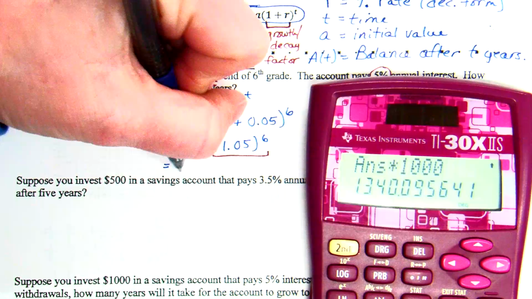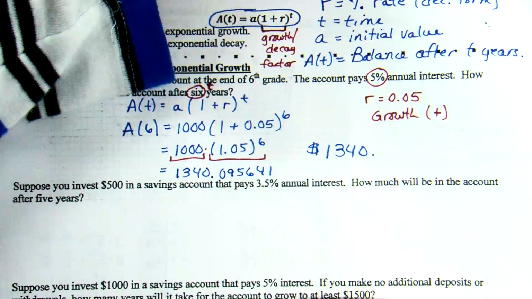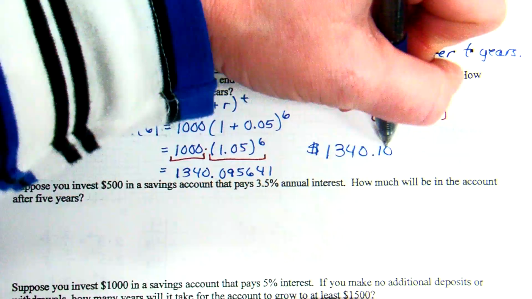How many decimal places should I give? 2, because what is this? Money. No, they didn't tell me how to round it, but you shouldn't have to be told to round. It's money. Money you always give 2. So this is $1,340.10.